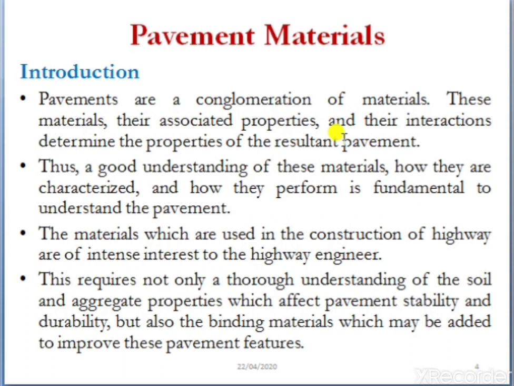It is also important to know the properties and ability of a binding material which is used in the construction of highways to bind different materials like aggregate and soil. Hence, an engineer involved in the construction of highways should also be aware of the characteristics and properties of a binding material. Then only can we improve the pavement effectiveness.